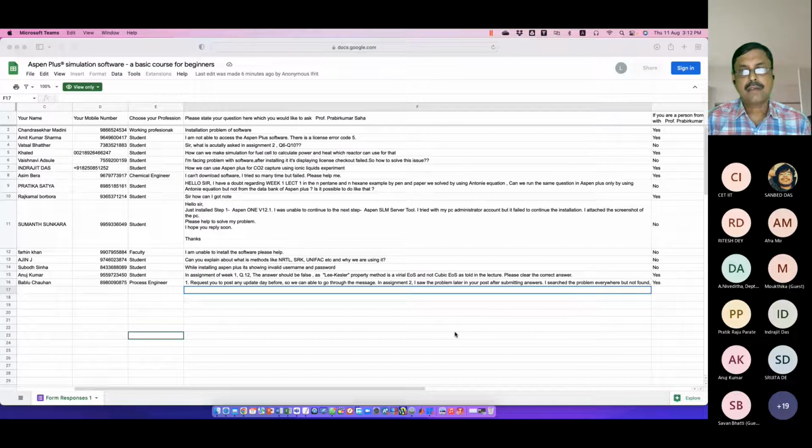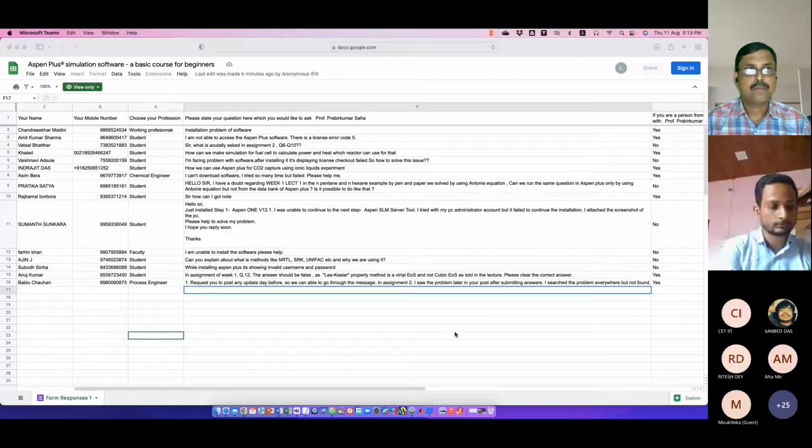But having said that, if you are not happy with any of the models that Aspen suggests, in such a situation, you can create your own model. In that model, you can provide the Antoine equation structure, and then it is possible for you to do the regression and get the model parameters. You will learn this in the property analysis method.